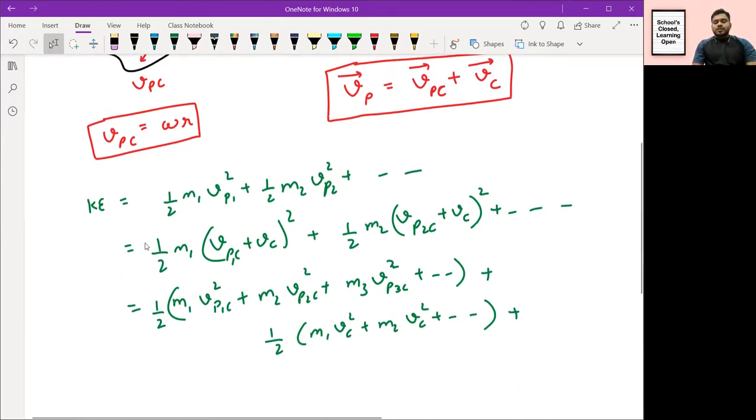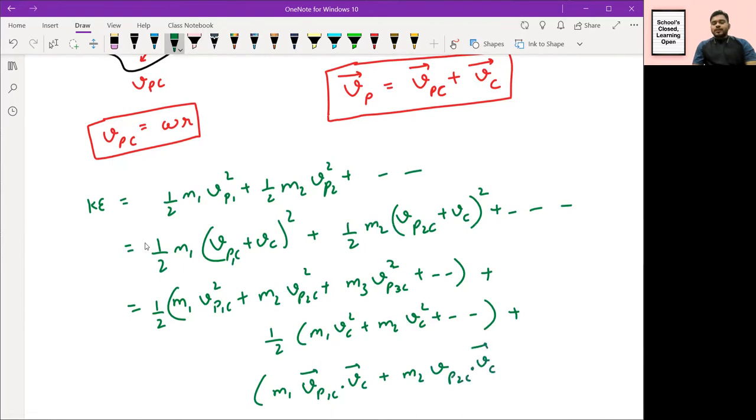So the third term will be half into 2ab, where the half gets cancelled out: [m1 Vp1c dot Vc plus m2 Vp2c dot Vc plus so on]. Correct? We got this expression.